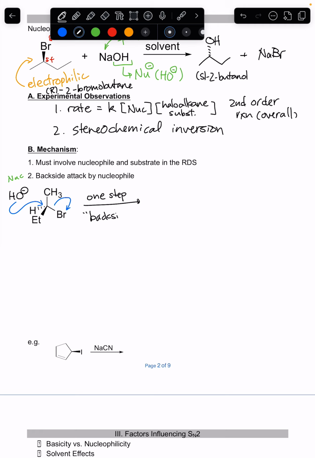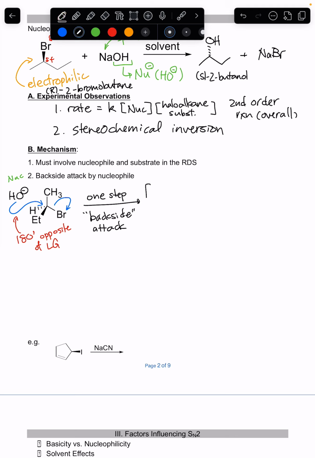And what we mean by backside attack is that the nucleophile is coming in from the exact 180 degrees opposite of the leaving group. That's what backside attack means.